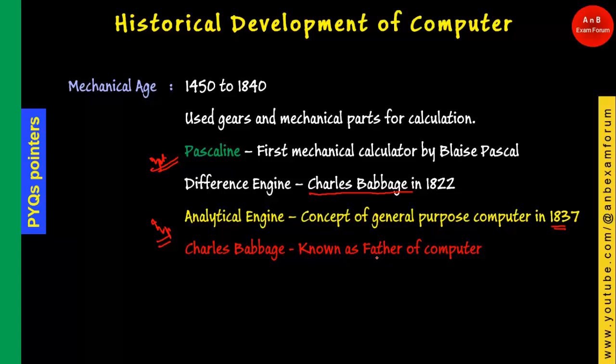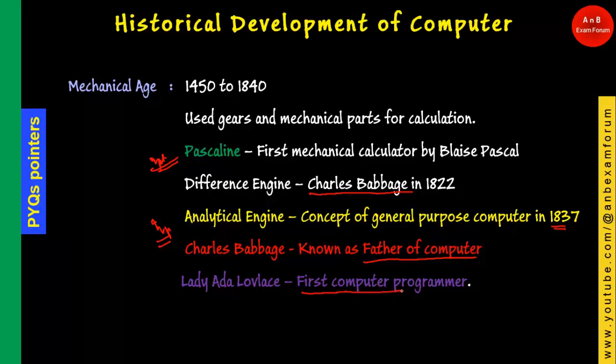Okay, and one more personality name should come with this, the Lady Ada Lovelace. Why? Because she is regarded as the first computer programmer. Who is the programmer? A programmer is a person who writes programs. What is a program? A program is the steps.